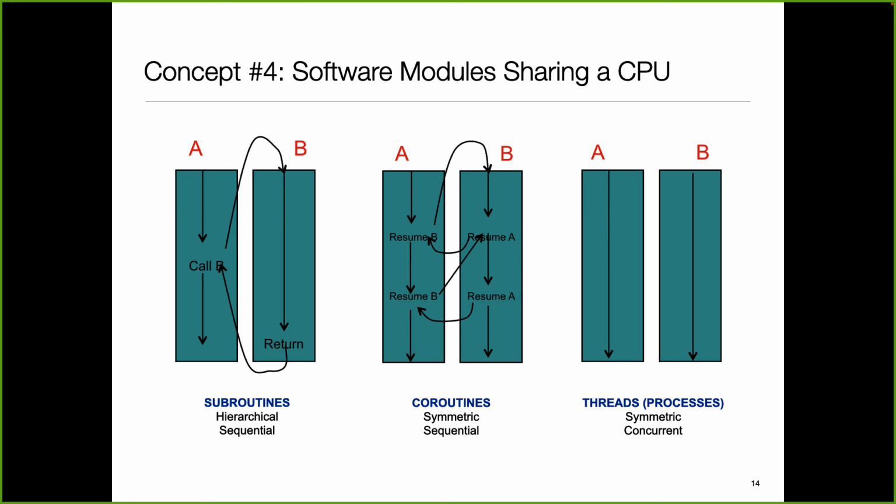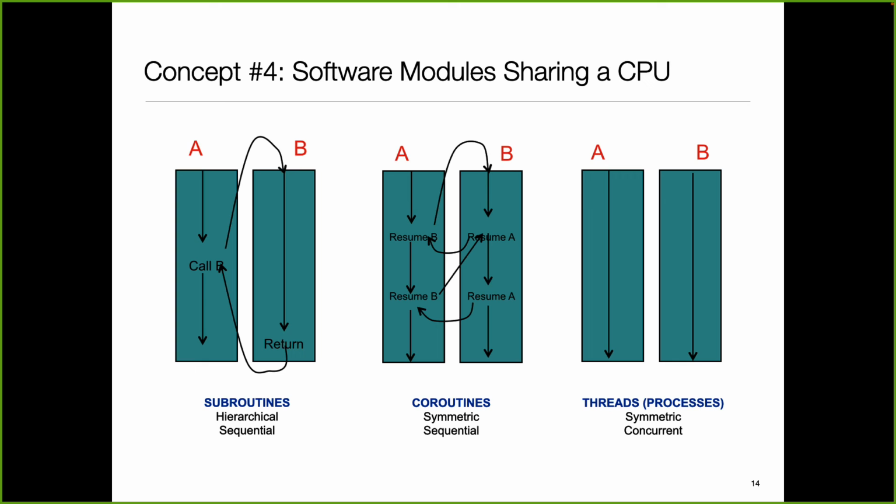Now, this brings us to the notion of how we think of software. If you think of software in terms of modules, and those modules are running on the same hardware, what are those modules? One way of thinking about them is how these modules are organized. At the leftmost are good old function calls.